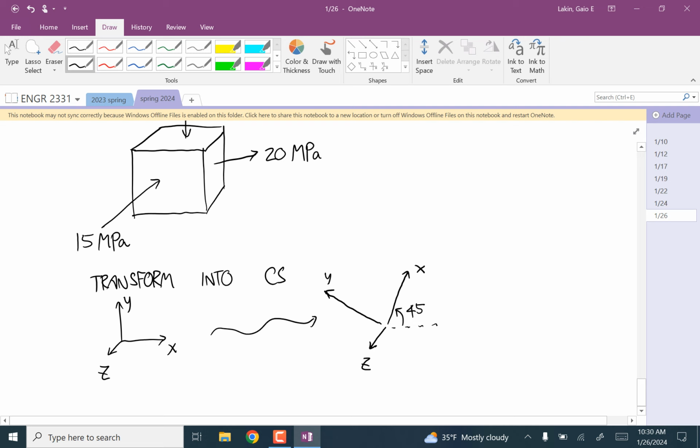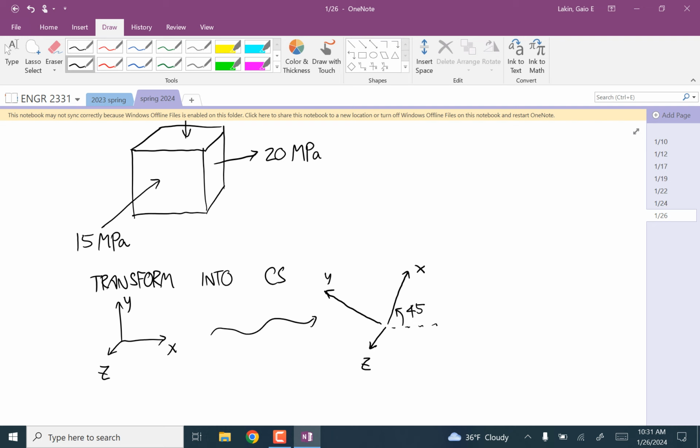It's easy to think that these normal stresses and shear stresses are fundamentally different things. But what I want you to notice is when we do this stress transformation, we're going to go from something that only has normal stresses to something that has normal and shear stresses. Okay?